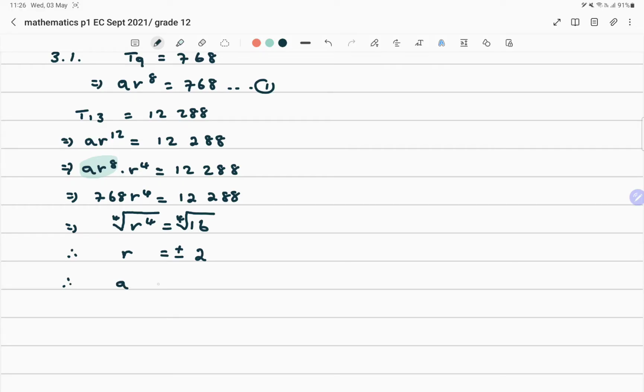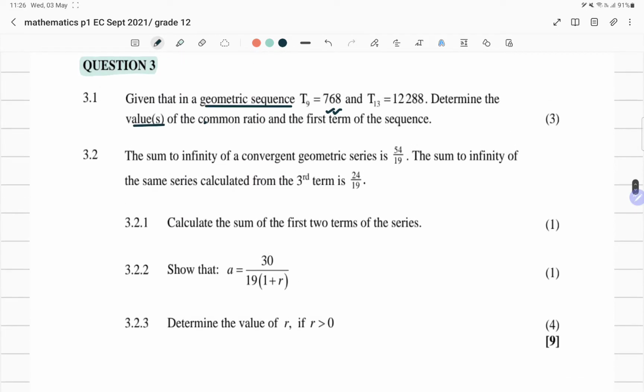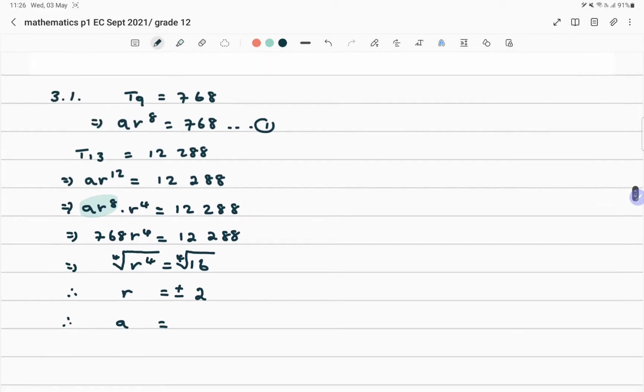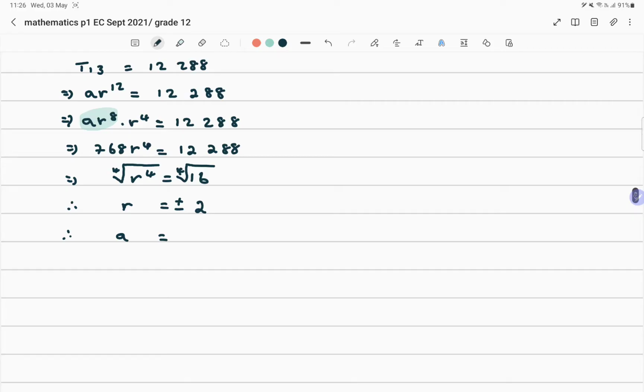Therefore, we know that our a is going to be equal to, let's think about it. This will imply that ar^8, so instead of r you can put plus or minus 2 to the exponent 8, is equal to 768. So I'm putting the values of r into equation 1.